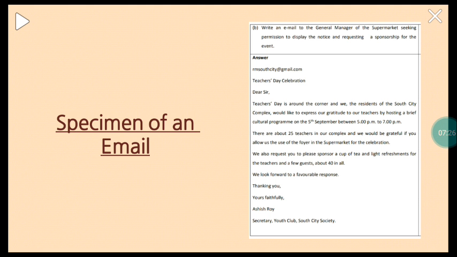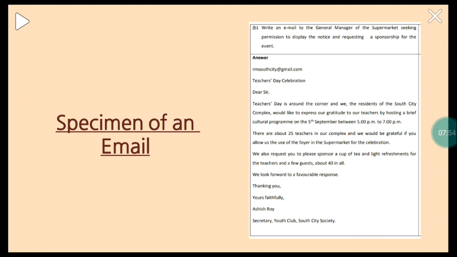The Teachers' Day is around the corner, and we, the residents of South City Complex, would like to express our gratitude to our teachers by hosting a brief cultural program on 5th of September between 5 p.m. to 7 p.m. There are about 25 teachers in our complex, and we would be grateful if you allow us the use of the foyer in the supermarket for the celebration.